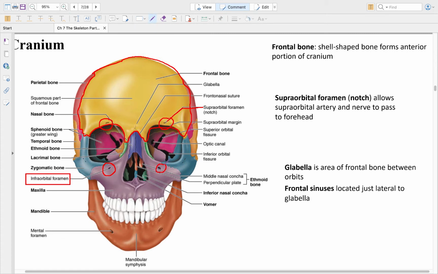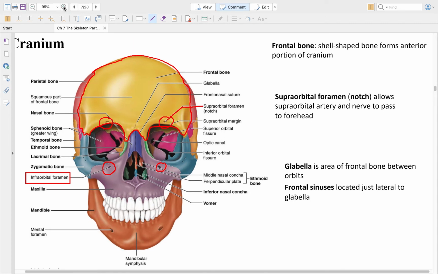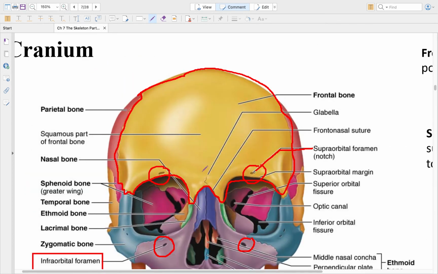And it's called infra because it's underneath the orbital. All right. Now, where the 2 orbits connect, let's go ahead and zoom in on it. See that little tiny sliver right there? That is called the glabella.